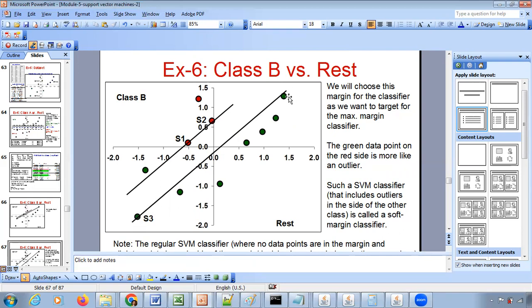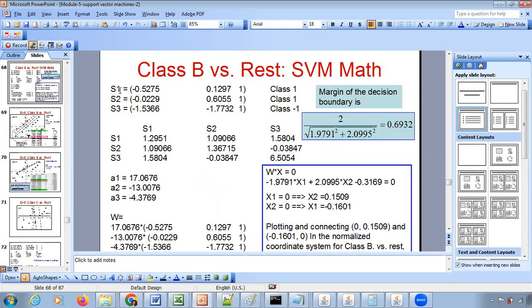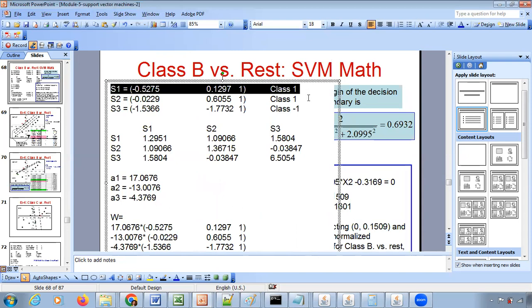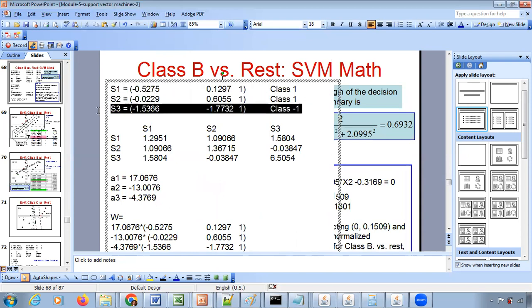It doesn't exactly go through this one, so we could just treat this as a support vector because we already have two data points as support vectors of the red class. So we just use this one as a support vector of the green class. So these are our three support vectors now, S1, S2 from the red class, which is class 1, and S3 from the green class, -1, and then go through the math for that.